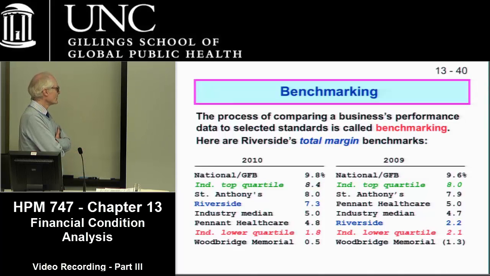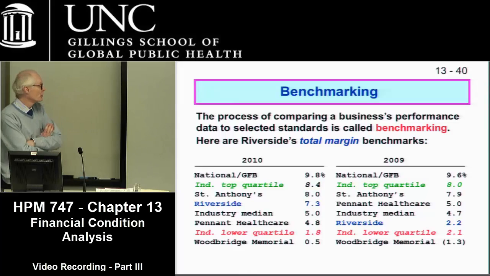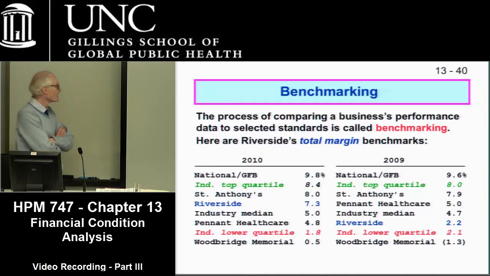So it can tell that it's not in the top quartile, but it's doing better than the median. So it's somewhere between the 50th and 75th percentile, which is pretty good. Maybe it knows somebody at a national organization that it can contact or read about, to find information about how they're doing and what they're doing.